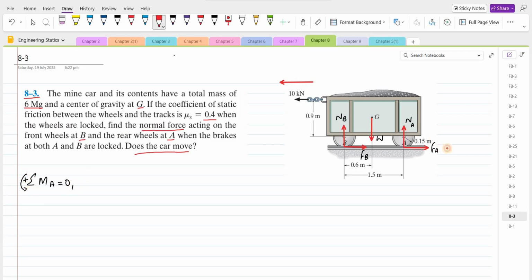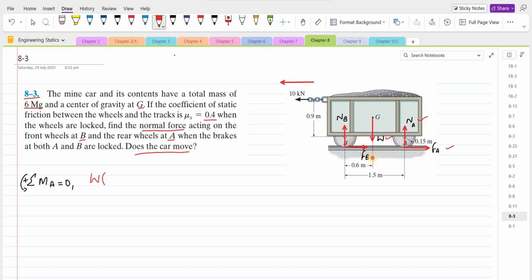Since the lines of action of FA and NA pass through point A, these two forces do not have any moment with respect to point A. But the weight force is trying to rotate the car in the counterclockwise direction about point A, so the moment produced by the weight of the car will be taken as positive. So we have W and the moment arm is this distance, which is 1.5 meters minus 0.6 meters, so 0.9 meters.